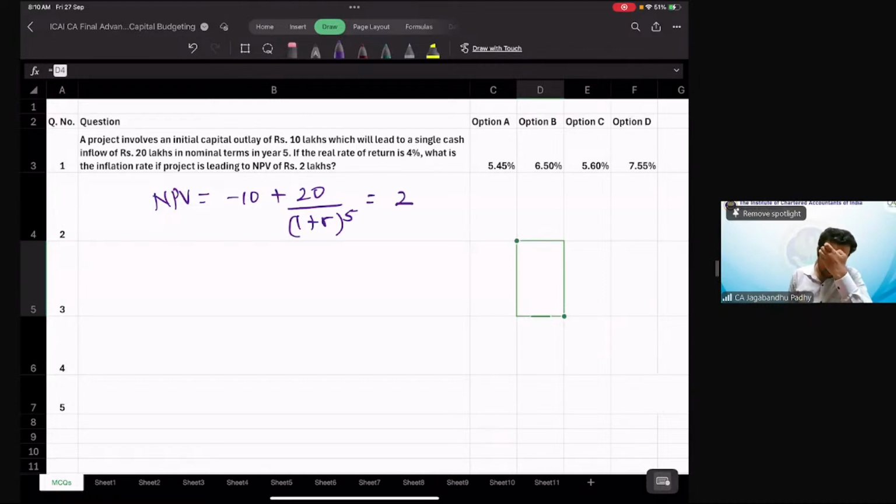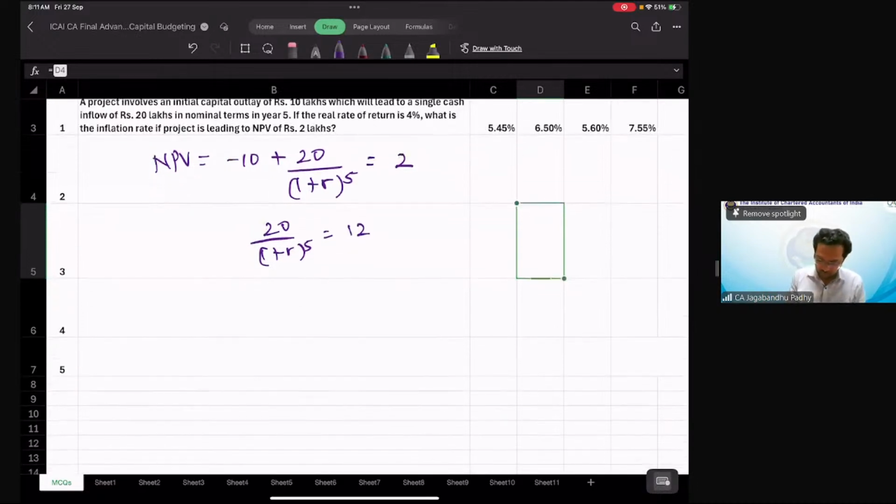Because that's going to be the NPV. So first we need to get 20 divided by (1 plus R) raised to 5 is 12. And then we say 20 by 12 is equal to (1 plus R) raised to 5.